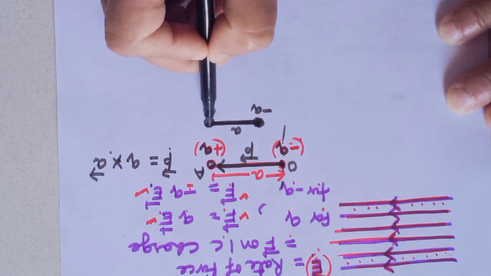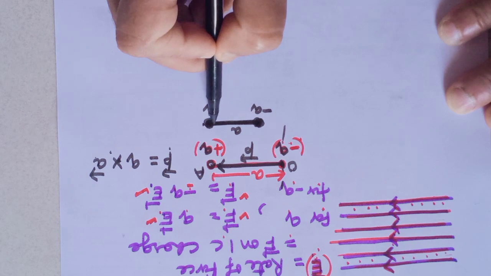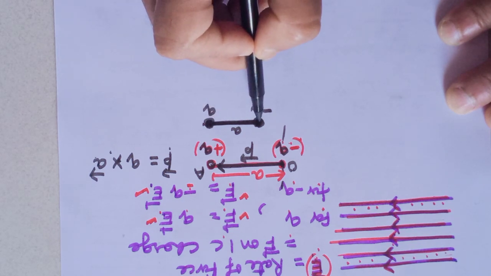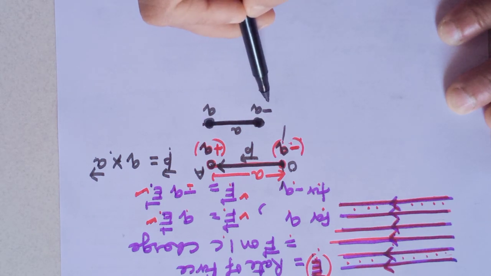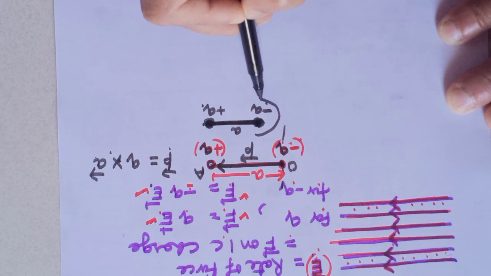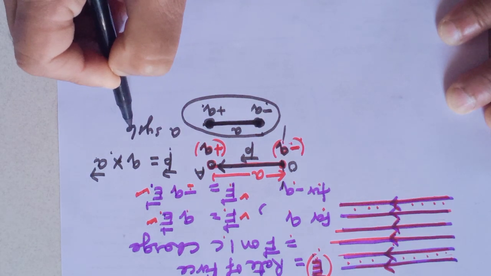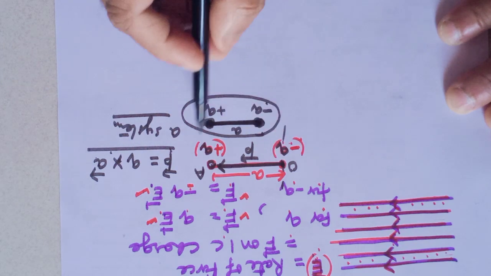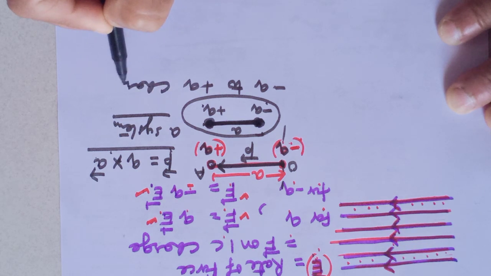These are the two balls, and this is a rod which is holding these two balls. We cannot free the plus charge or the minus charge from this system, and its dipole moment is Q into A, pointing from minus Q to plus Q charge.